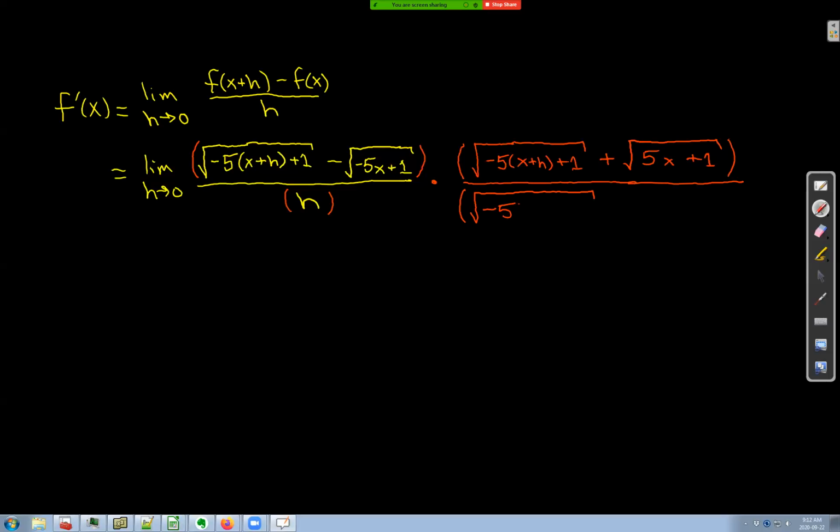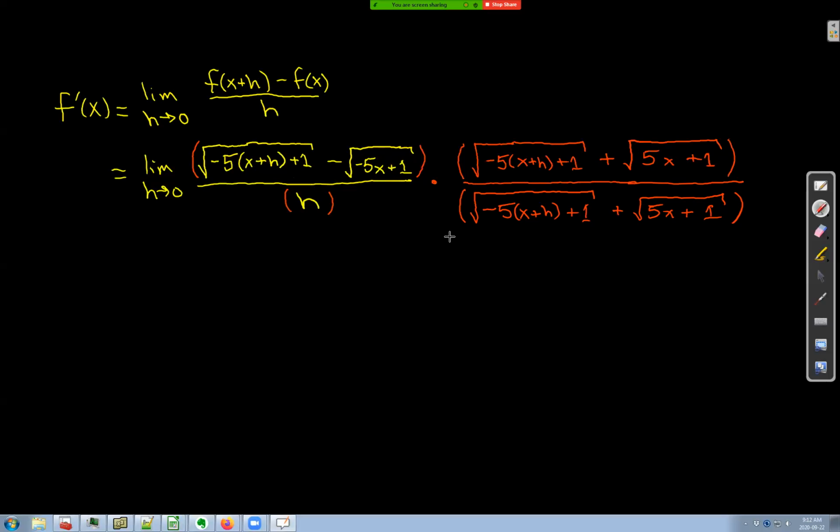So I have to multiply the top and the bottom by this conjugate. Now this red thing is equal to 1, so it's legal to multiply by 1 because that doesn't do anything.